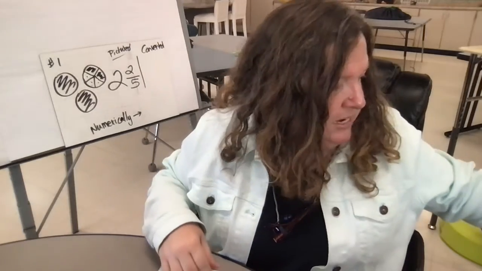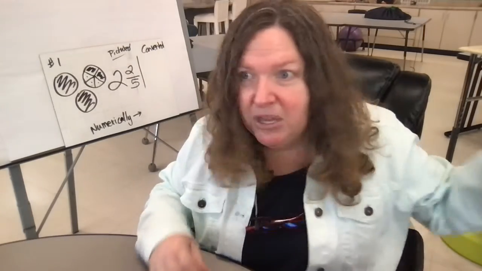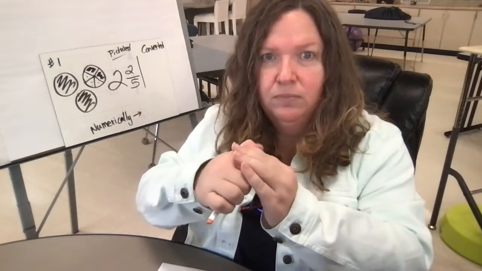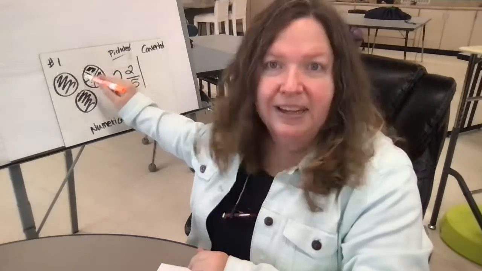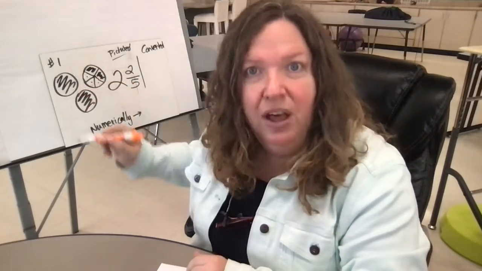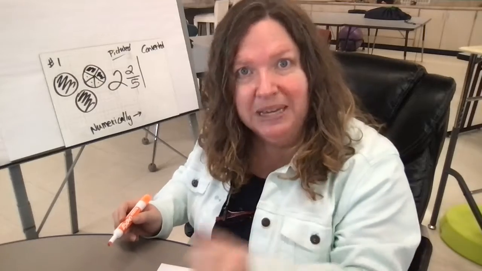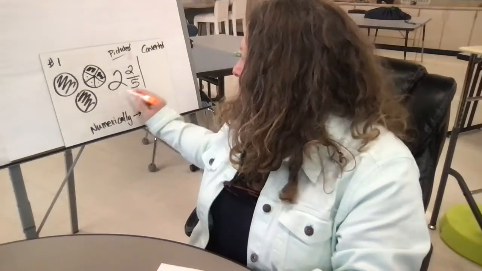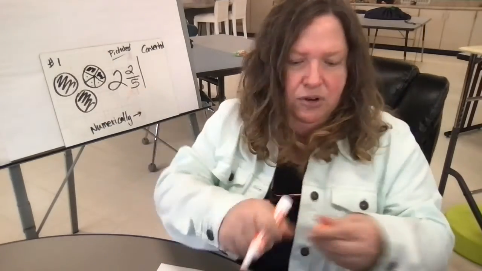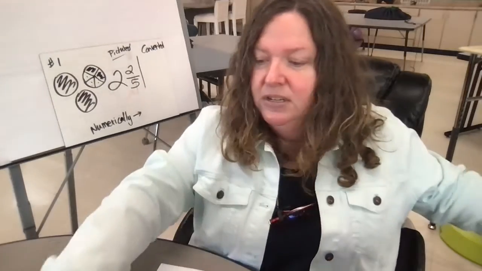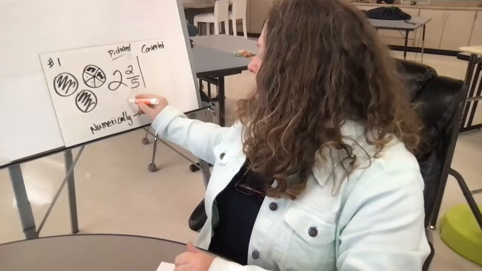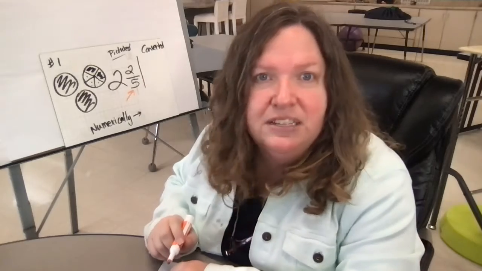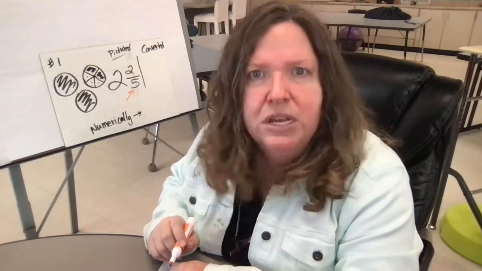I'm going to take a different color, maybe orange, that might be easy to see. If this one is cut into 5, I know the other 2 wholes also have to be cut into 5. Whoops, that's not a very good marker. That denominator tells me that the wholes are cut into 5 pieces. So I need to cut them into 5. Now 5's tricky, especially with circles, but do your best.